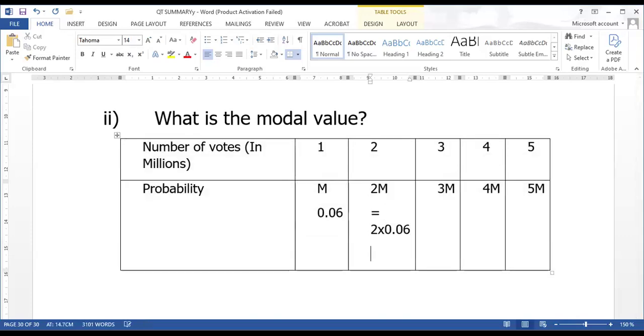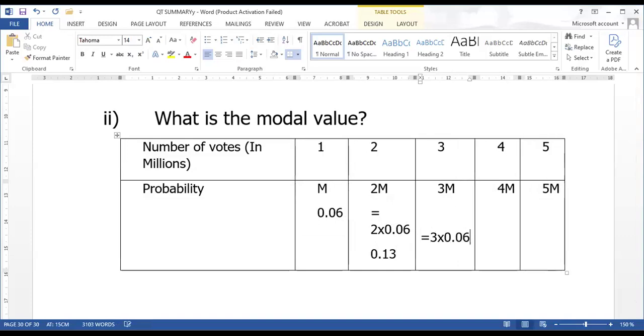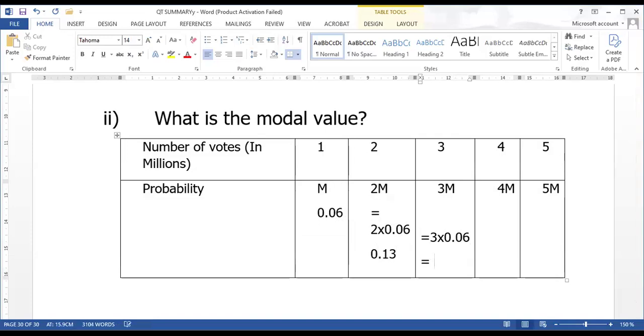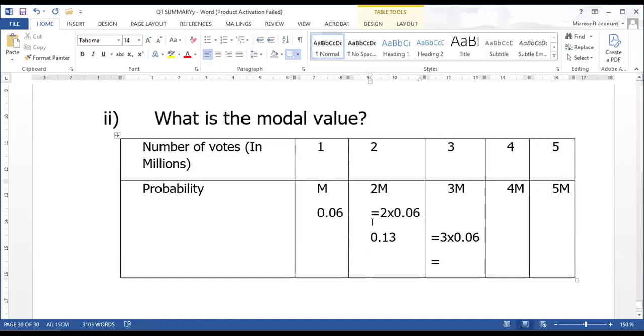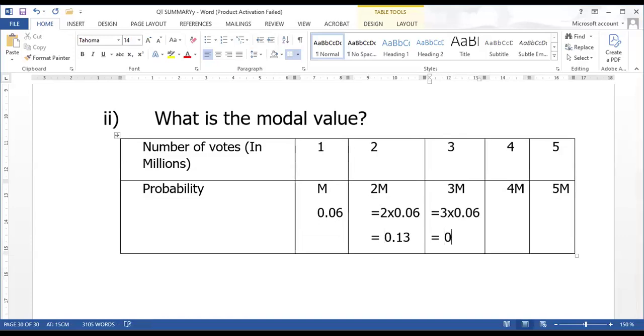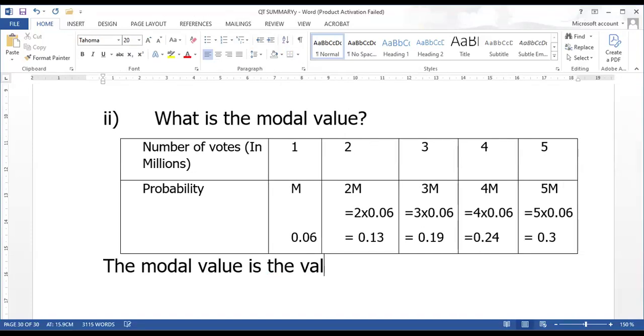Then here it will be 3 times 0.06, and you get 0.19. The modal value is the value with the highest probability.